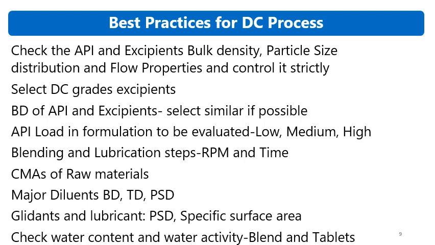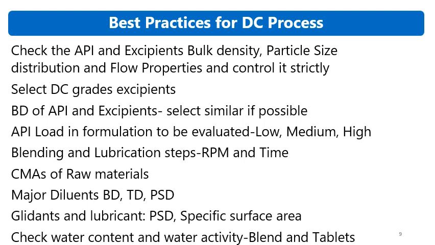CMAs of raw materials are required to be controlled in a control strategy. For major diluents, bulk density, tap density and PSD are required to be controlled. Glidants and lubricants should have proper CMA controls like PSD and specific surface area. Also, the functionality related characteristics of the glidants and lubricants should be studied.